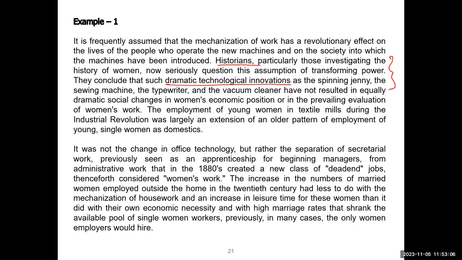They conclude that such dramatic technological innovations as number 1, spinning jenny, number 2, sewing machine, number 3, typewriter, and vacuum cleaner have not resulted in equally dramatic social changes in women's economic position or in the prevailing evaluation of women's work. So he has mentioned spinning jenny, sewing machine, typewriter, vacuum cleaner. Let's go back.